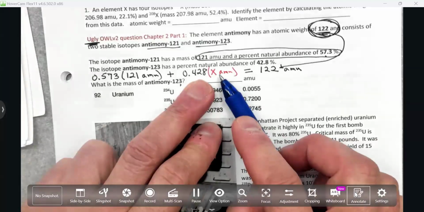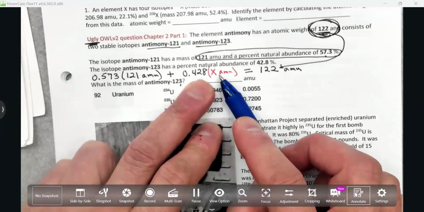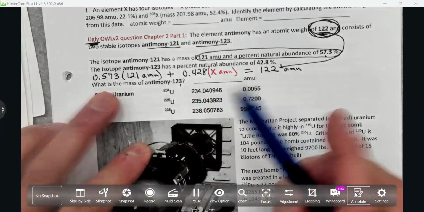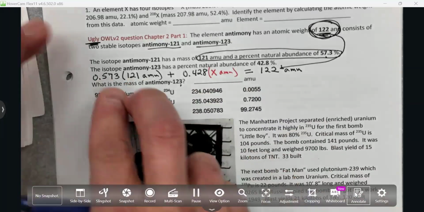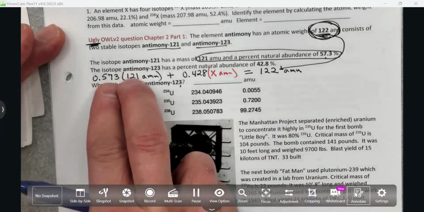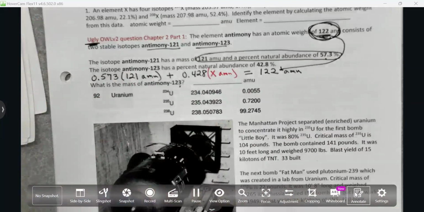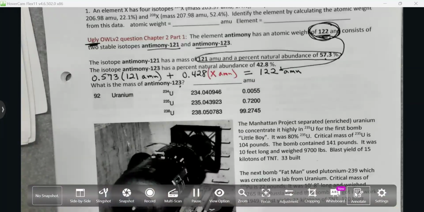So if we have to solve this for X, let's do that. We have 122 here. This result is going to be subtracted from both sides, right? So let me do a little bit more than I did last time. 0.573 times 121. Okay.